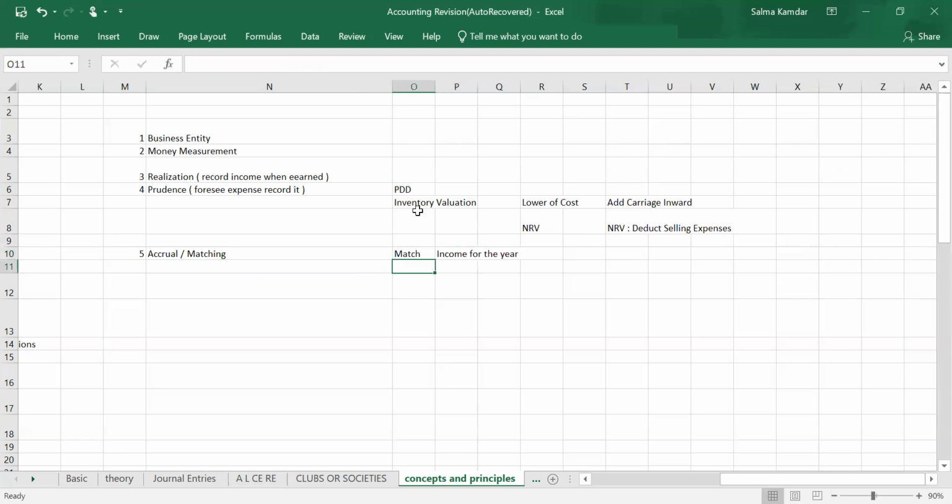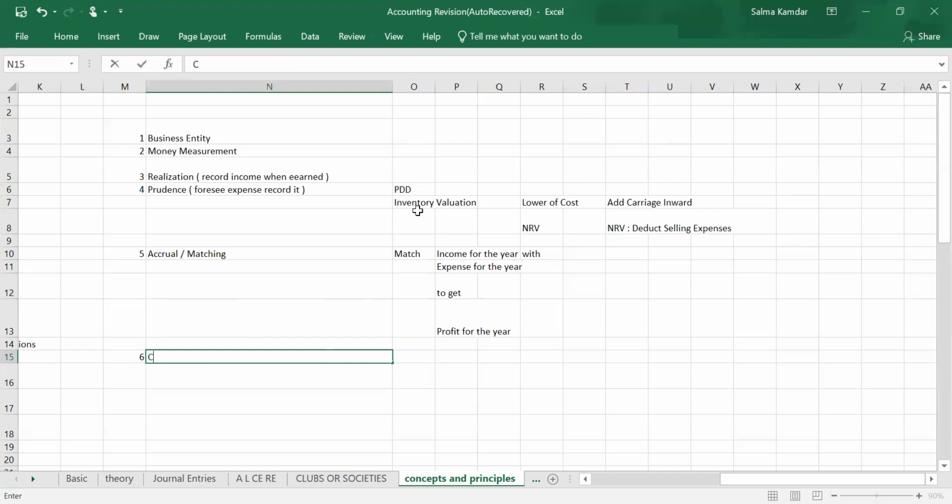You match the income for the year with the expenses for the year, to get profit for the year. How many concepts are there in total? 10, okay.